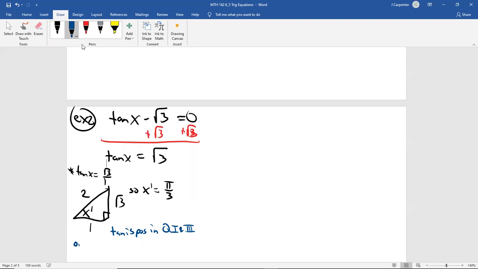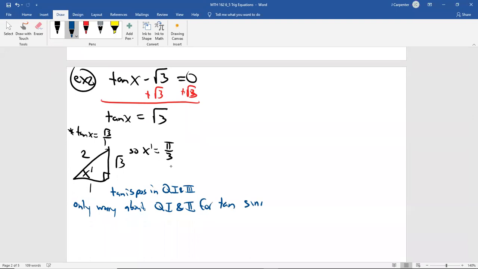We're only going to consider quadrants 1 and 2 for tangent, since its period is 0 to pi. Why do I keep putting cosine in my head for some reason? It's awful of me. It has a period of pi. So you get to pi by quadrant 2.